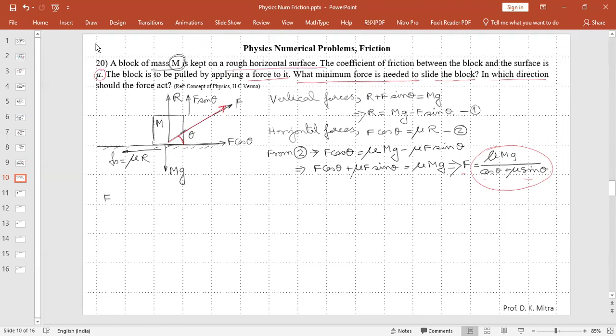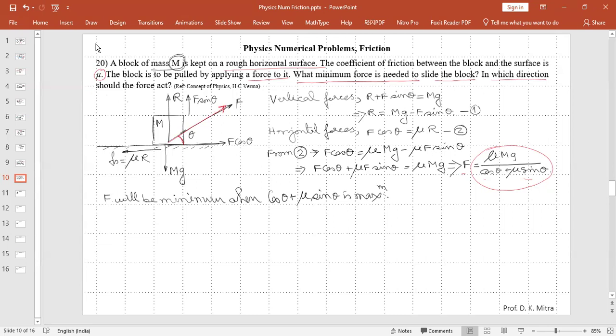F will be minimum when cos theta plus mu sin theta is maximum. Then how do you find out the maximum?